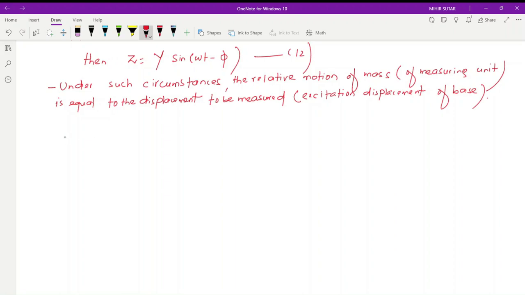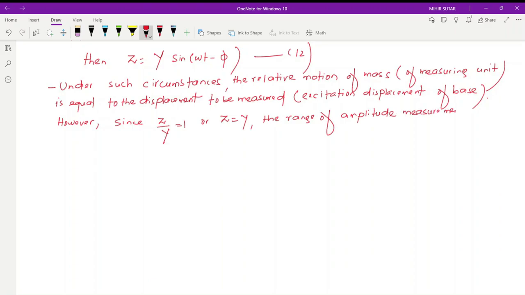However, since z by y equal to 1, or we can say z is equal to y, the range of amplitude measurement is constrained by the size of the instrument.